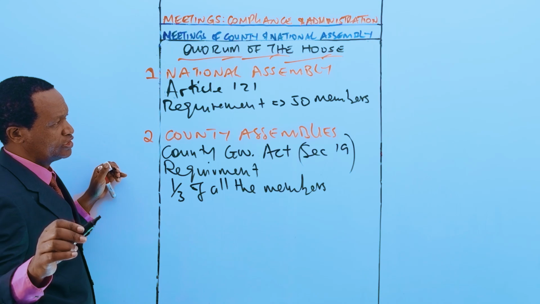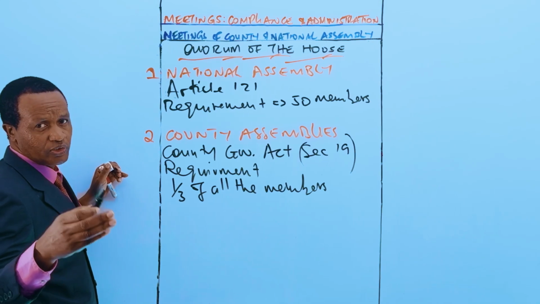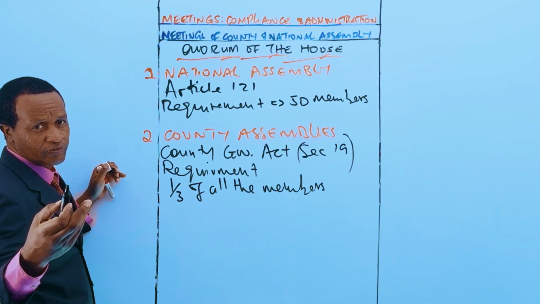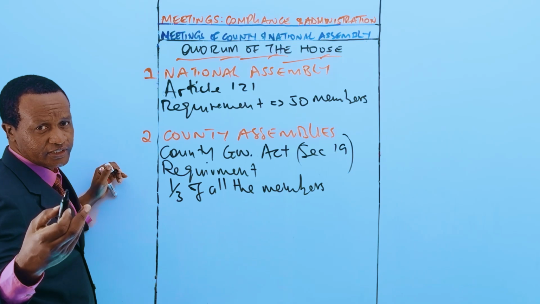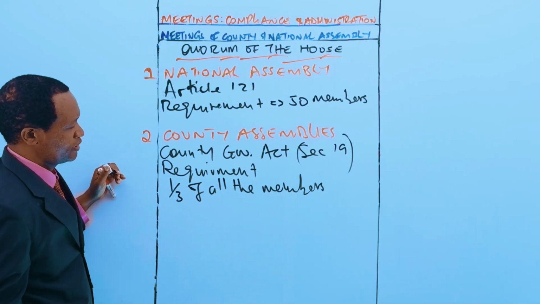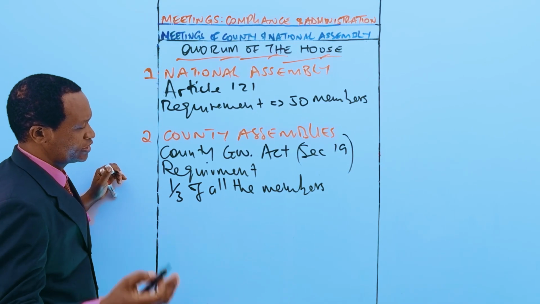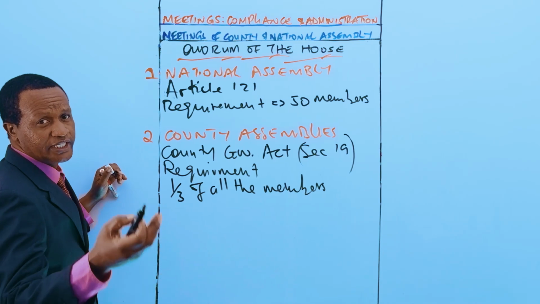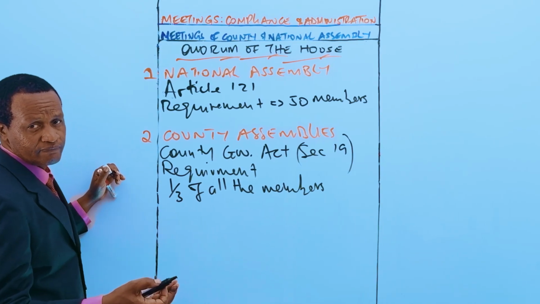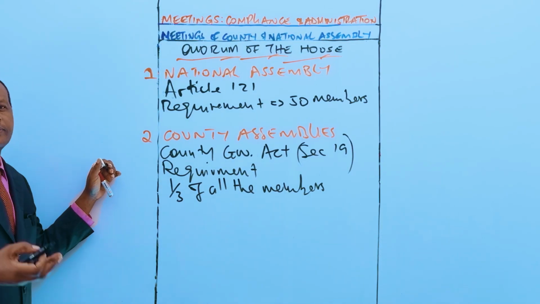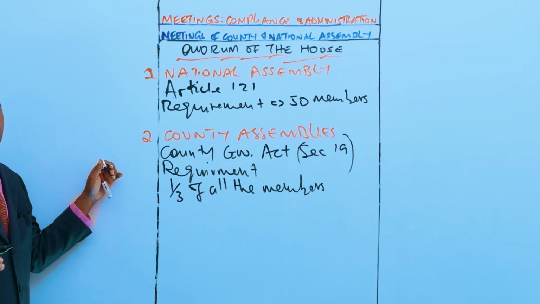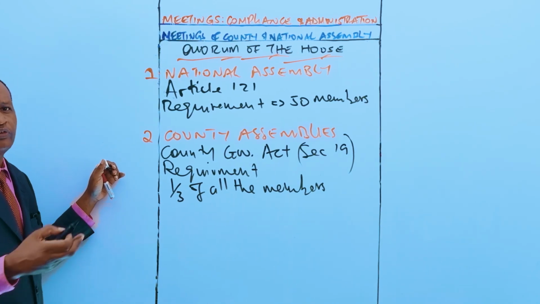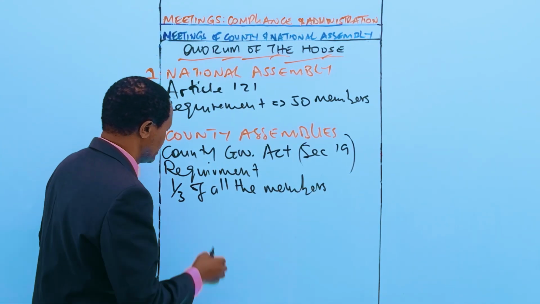And the implication here, candidates, is that because the number of members is not the same in all the counties, it varies. So the specific quorum requirement depends on the total membership of that particular county. That's why it is one third.